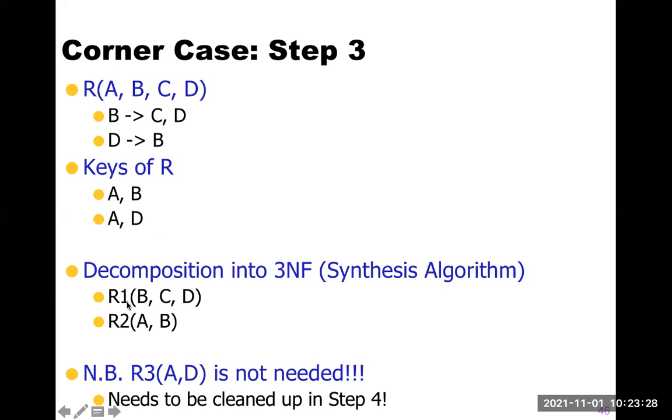First dependency, create this table, BCD, and to store the key somewhere, I have a table of AB. And to find, let's say, a D, I need to search in the table R2, and then find a B, and then go to R1.